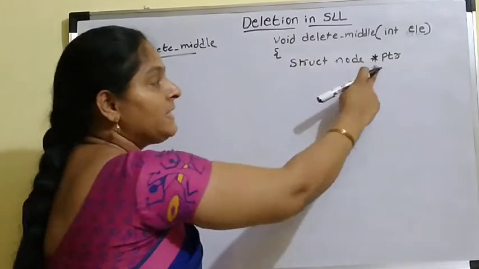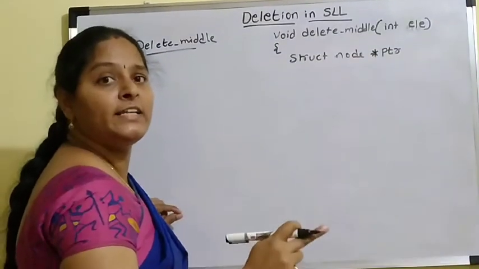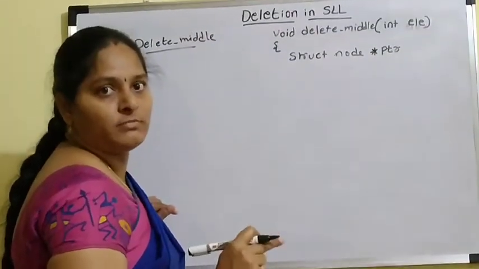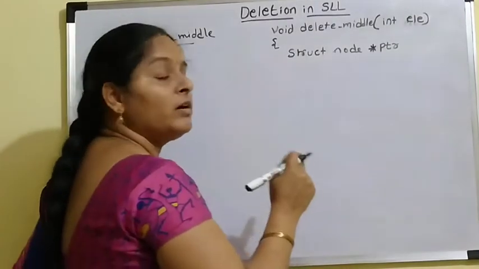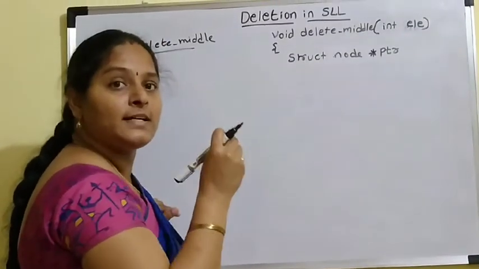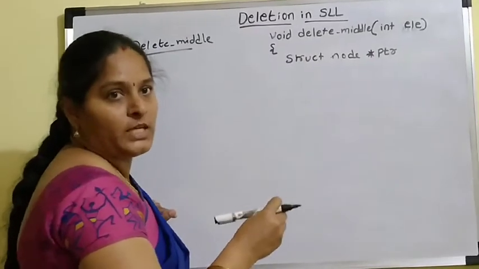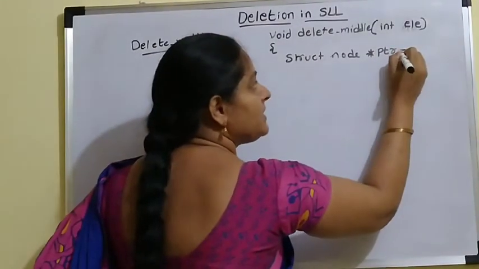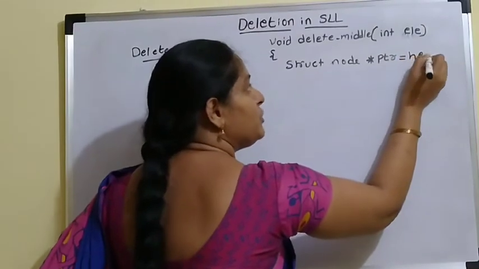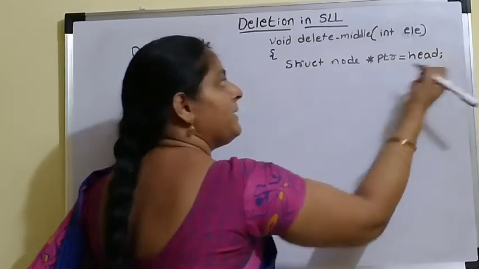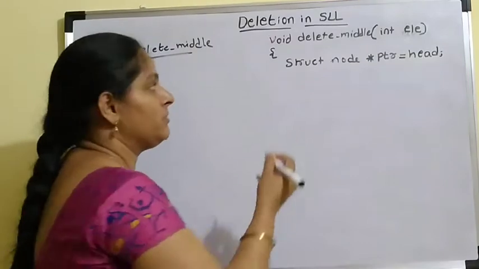This PTR we are using for identifying the deleting node position. First, we need to start comparing the deleting element with the first node, so we assign this PTR to the head position. The comparison starts from the beginning position.